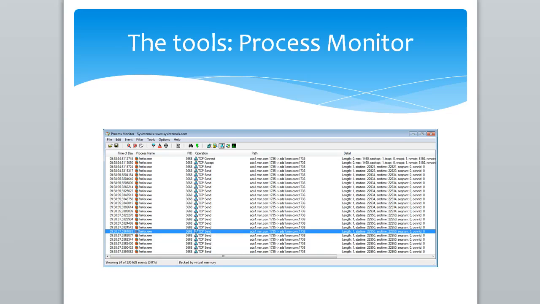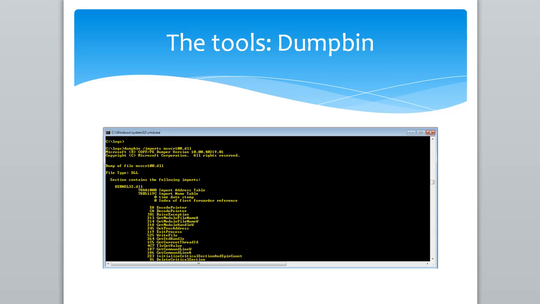This was mainly used to just get an overview of the network communication that Firefox would do, as using Wireshark, for example, would be much too detailed into what I was interested in. Finally, I used dumpbin.